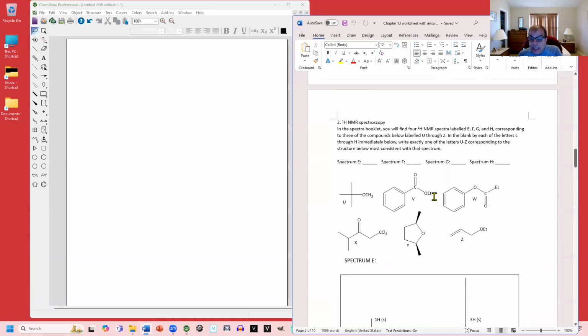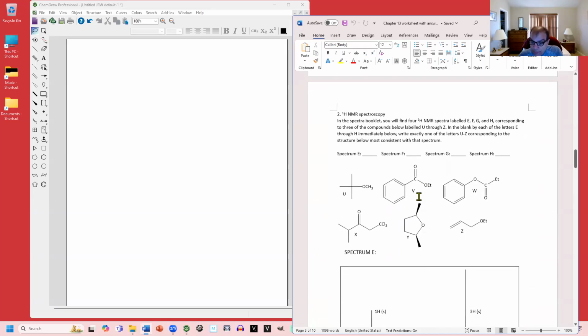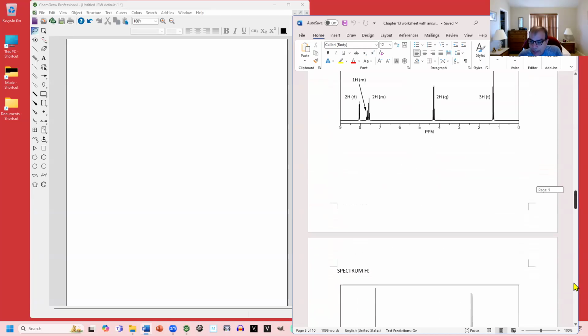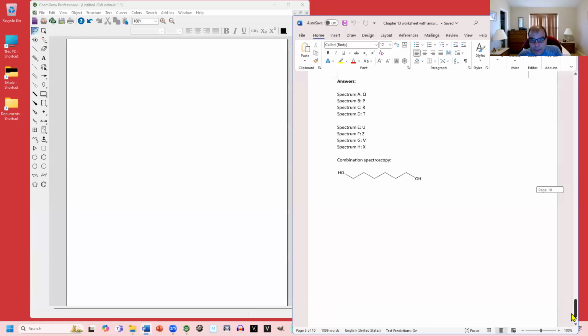And so that has to be compound V. In compound W, the CH2 is attached to the carbonyl carbon. And that would pull it downfield a little bit, down to maybe about 2.5 parts per million, but not nearly as dramatically as the electronegative oxygen does in compound V. So I would expect spectrum G is going to be for compound V. Let's see how we're doing.